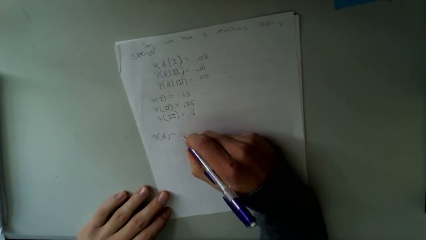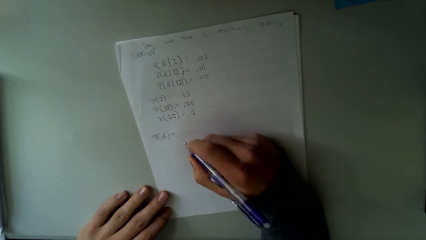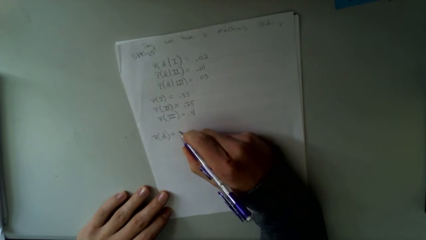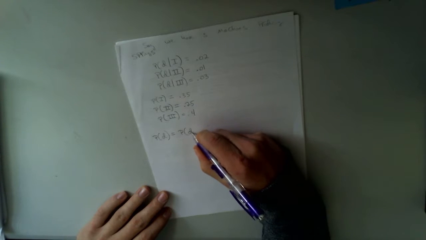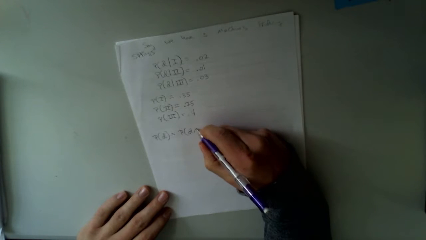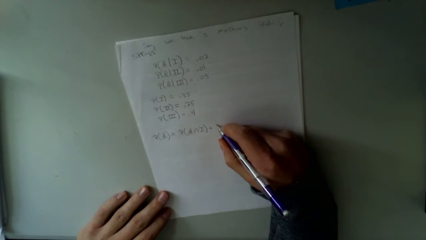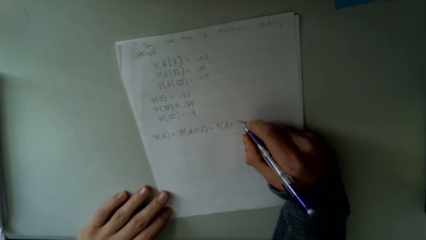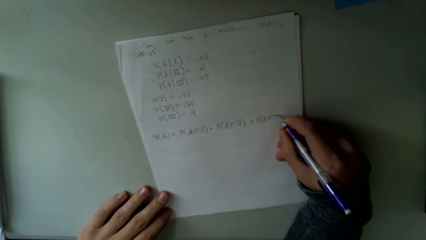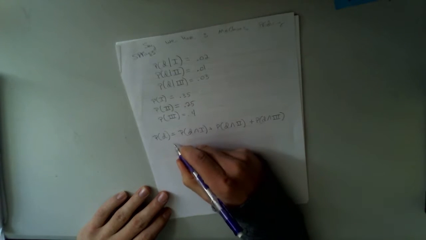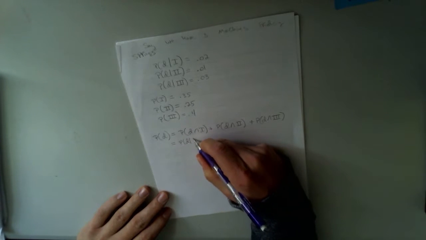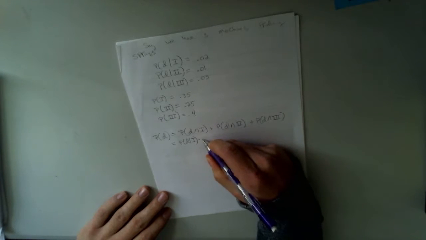Well, that is simply the sum of all the different probabilities of the different ways that could happen, right? So the probability that we get a defective and it's from machine 1, plus the probability that we get a defective and it's from machine 2, and the probability of defective and it's from machine 3. It should be pretty clear that these probabilities can simply be written like this.